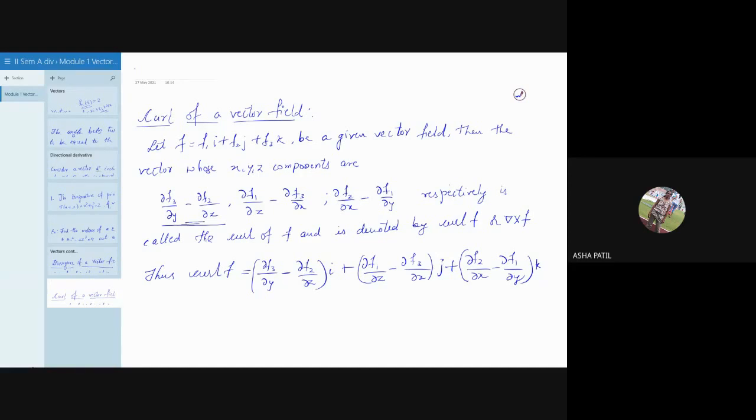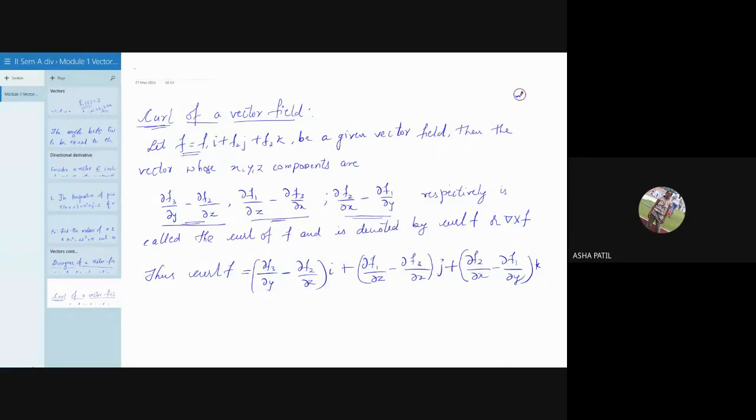Then dou f1 by dou z minus dou f3 by dou x is your y component, and dou f2 by dou x minus dou f1 by dou y is your z component. Then this vector, we call it the curl of the given vector F.